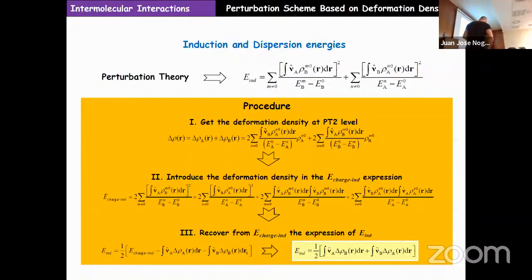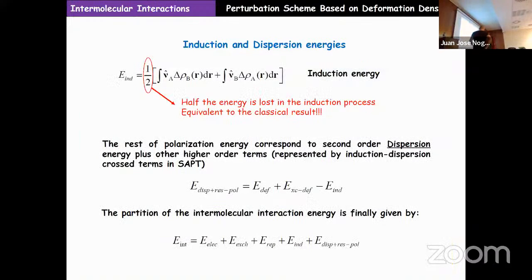This corresponds with the induction energy defined classically, because if you have studied intermolecular interactions and the classical expression of, for example, the dipole induced dipole interaction, the classical result is that half of the energy is lost in the induction process.